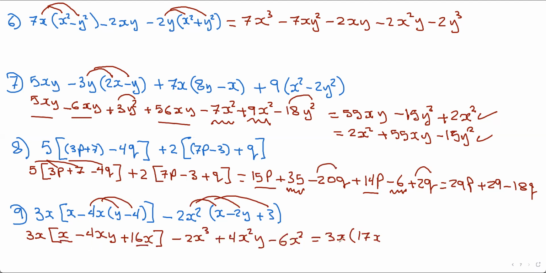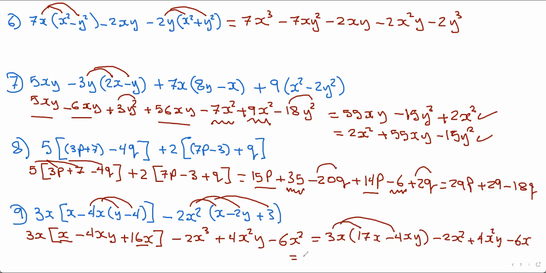So I'm just going to collect them inside the bracket. And then minus 4xy, brackets. And then we're just going to write this the same way we have them there. It's 2x squared plus 4x squared y minus 6x squared. And then I'm going to distribute that into here and into there.